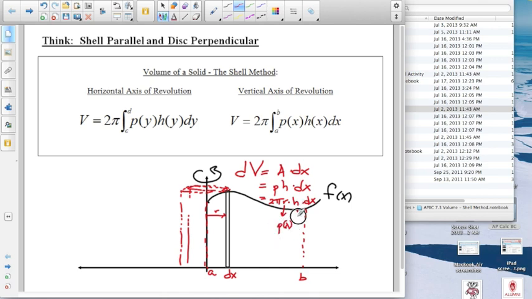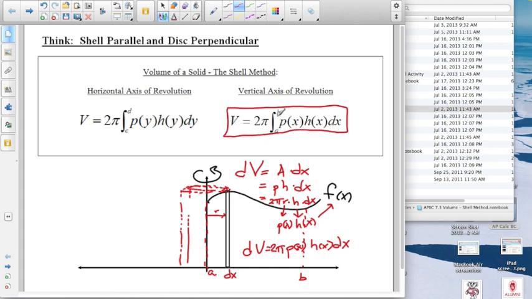And the height then just becomes the function, or the f of x, and that we give the notation h of x, and that really is just f of x. And so we end up with an incremental volume that looks like 2 pi p of x times h of x dx. And as we accumulate all of that from A to B, then we get this expression here.